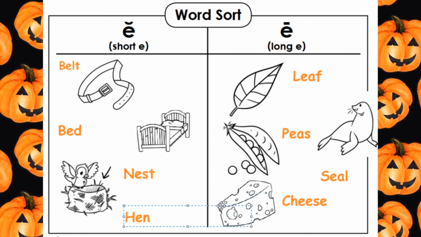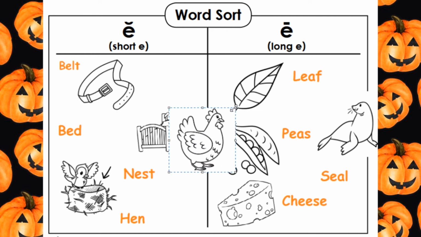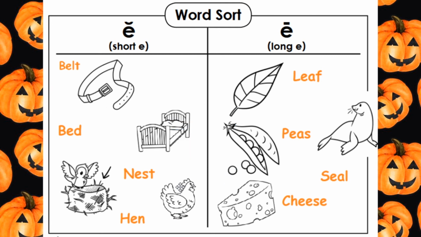So it will go over here in our short E column. And also give yourself enough time to look up the picture for that. But if you've already found it while we were talking about the word, we have this little picture of this little guy, which is a hen. It's a female chicken. It lays eggs.